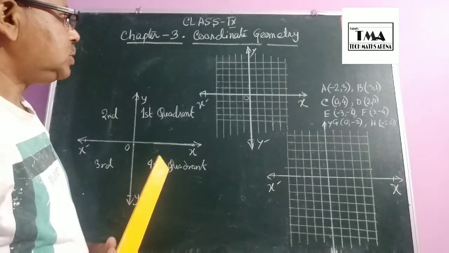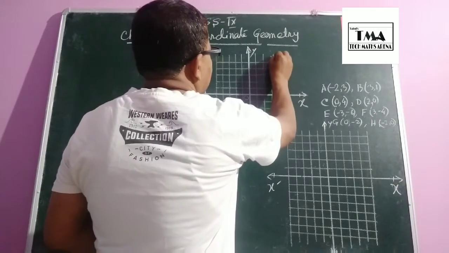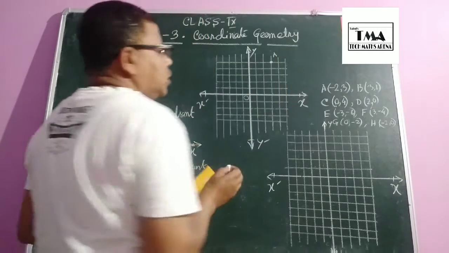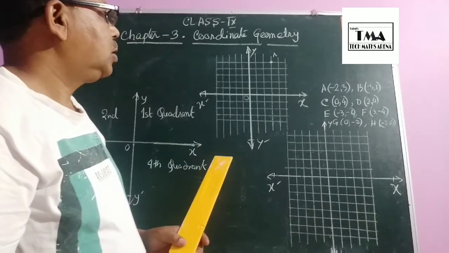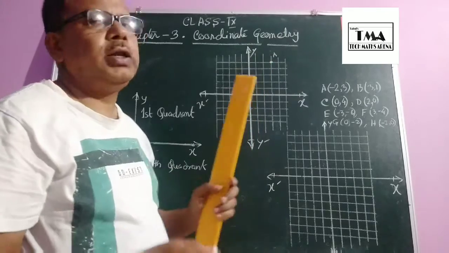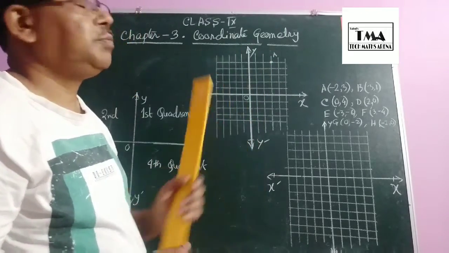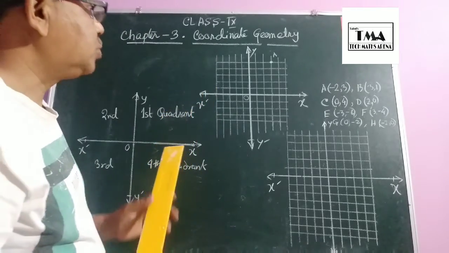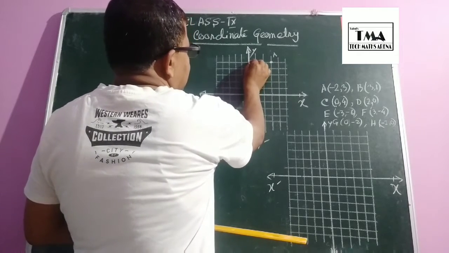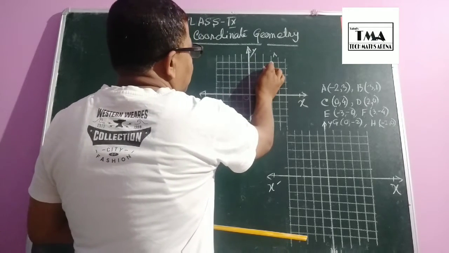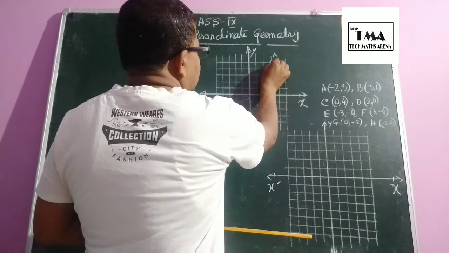Suppose a point A is here. Now, how can we say the location of the point A? At first we have seen that the distance from the y-axis to the point A is 1, 2, 3 units.